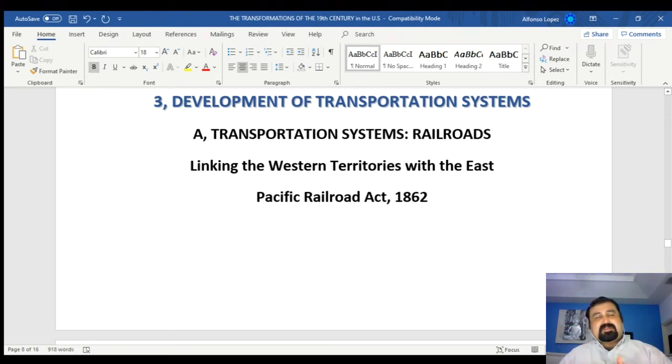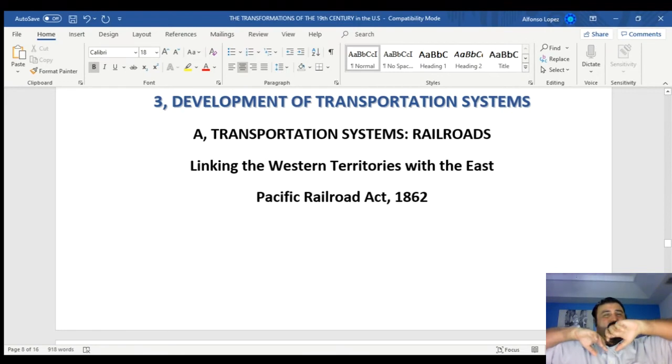Now, the third stage of transformation that changed the Wild West into a more developed region, a more economically developed region, if you will, is the introduction of modern transportation systems. In this case, we're talking about the railroad itself. Okay, so when we talk about the development of transportation systems in the West, we're talking about, of course, the railroad, and the railroad will now be developed or built at a faster rate than ever, to the point that by the end of the century, there's going to be great development.